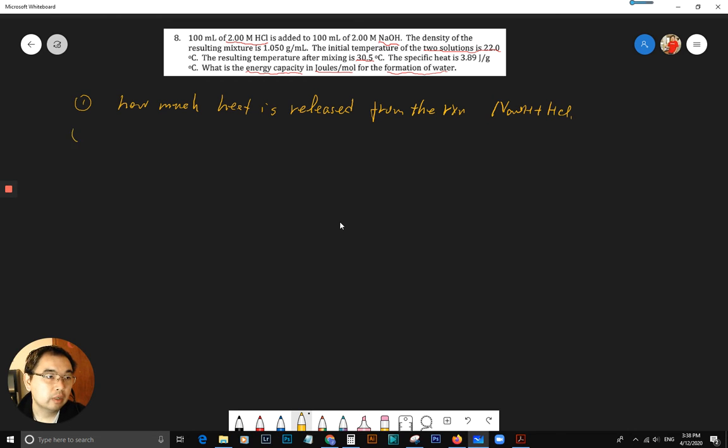The second part is to figure out how many moles of water are generated from this reaction.